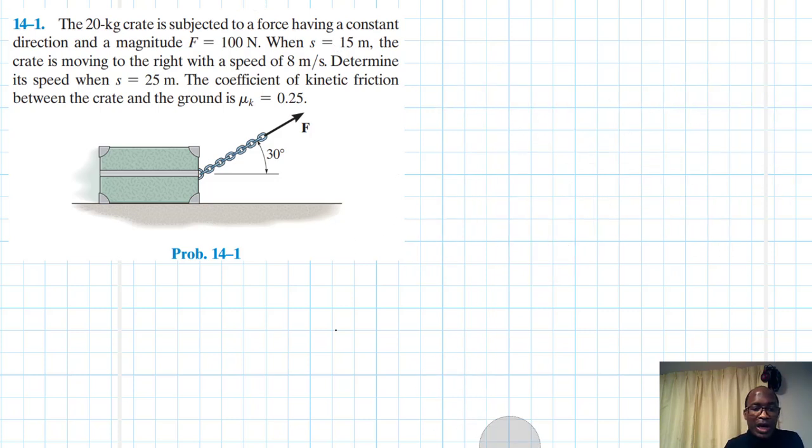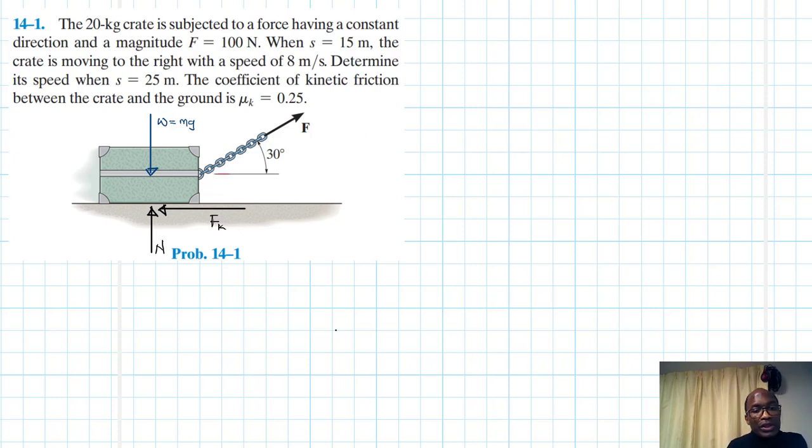Great, so let's draw the free body diagram. We have the weight, which is just equal to mg, the normal force, and the friction, which is kinetic friction since the crate is in motion.